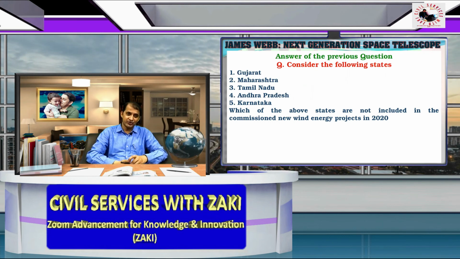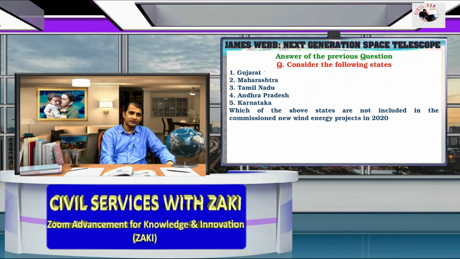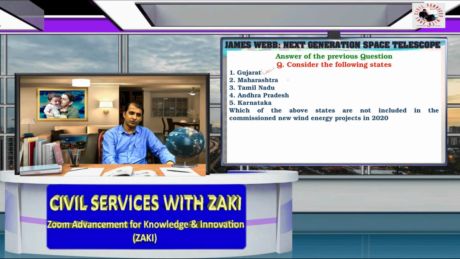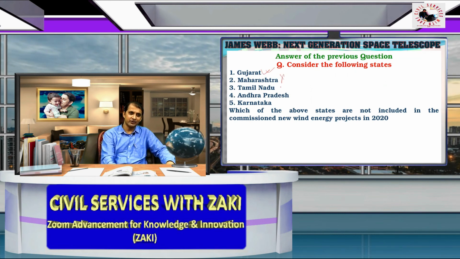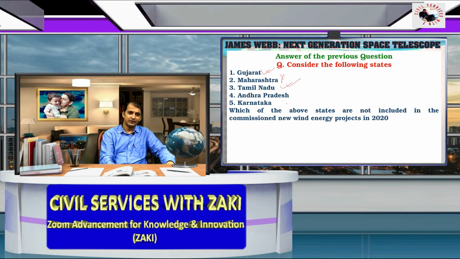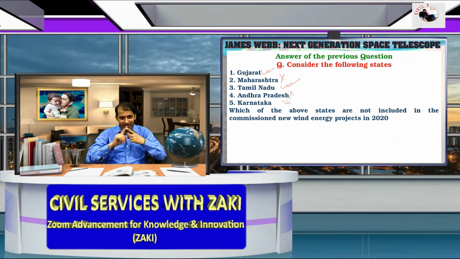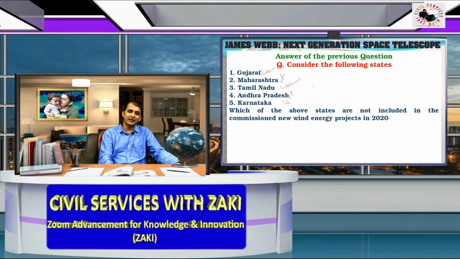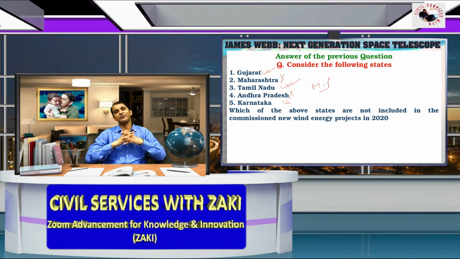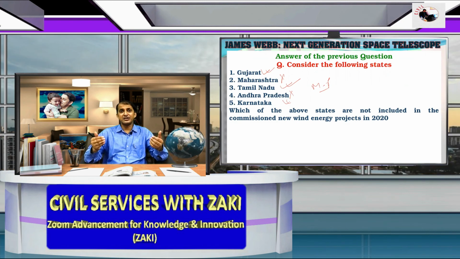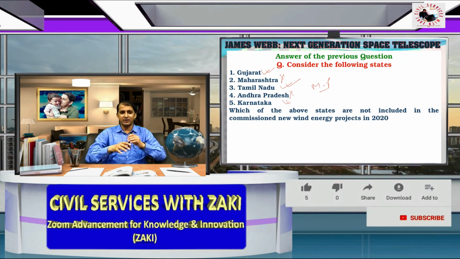Gujarat, number 1, installed. Maharashtra is not installed. Tamil Nadu, yes, installed. Karnataka is installed. Andhra Pradesh. So Maharashtra, Andhra Pradesh and another state, MP, Madhya Pradesh, are not included in the 2020 projects because of the COVID-19 pandemic and all that.